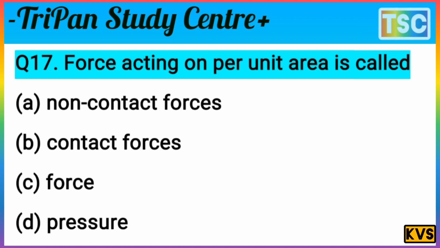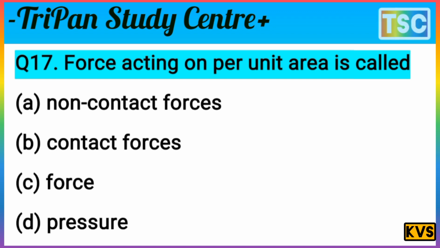Let's see what is the correct answer for this question. Force acting per unit area is called... A. Non-contact force is false. B. Contact force is also false here.